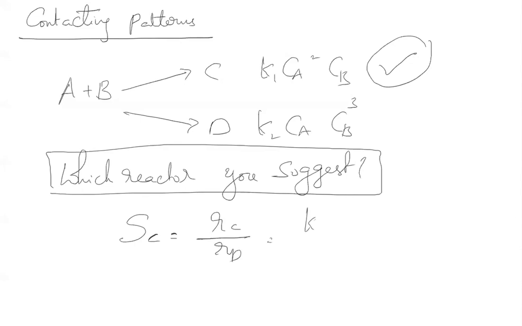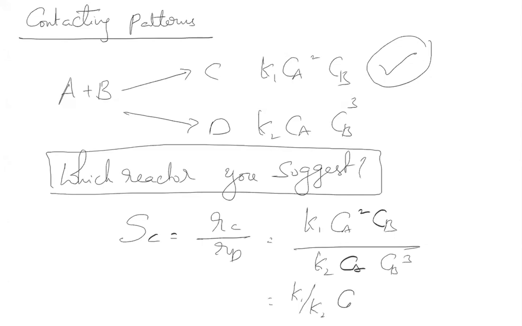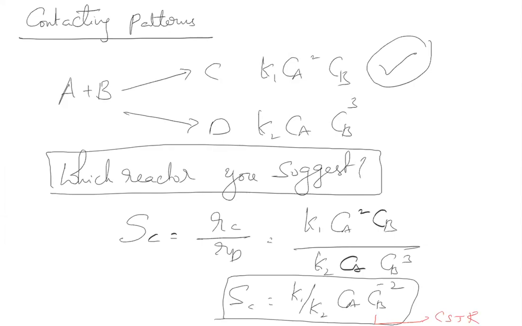So that is K1 CA square CB divided by K2 CA CB cube. What do you get here? K1 by K2 times CA into CB power minus 2. Now you are stuck here. This suggests CSTR, and this suggests PFR.